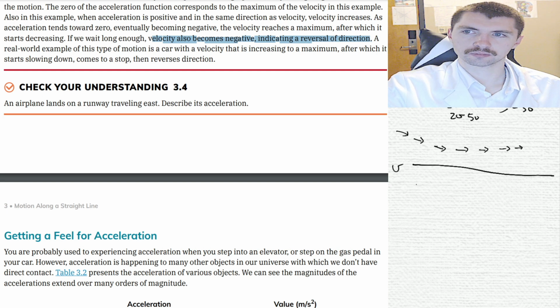So acceleration starts here and it starts going down.